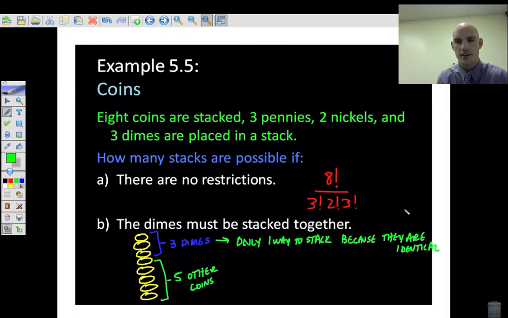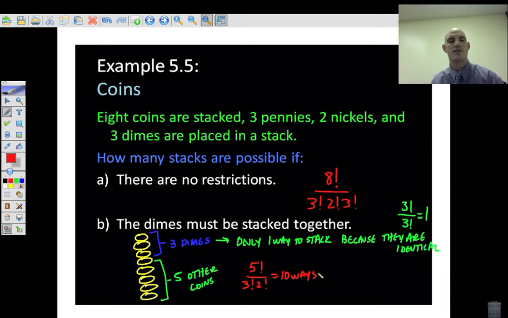Because if we think about this, it would be 3 factorial for the total number of ways to stack, divided by 3 factorial for the number of repeat objects. Well, that really just equals 1. There's only one way to stack it. But if we think about those 5 other coins, really what we're dealing with is we have 5 factorial ways to stack those, but they have repeat objects. So we divide by 3 factorial for the pennies and 2 factorial for the nickels. That gives us 10 ways.